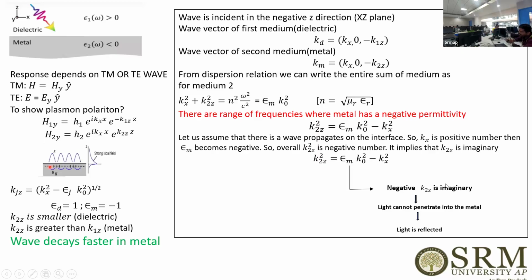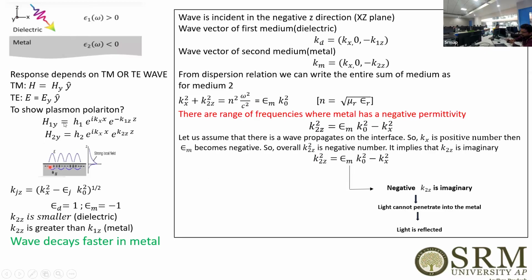Imaginary means there will be an attenuated or evanescent wave existing on this metallic surface. From this we can conclude that light cannot propagate in the second medium. Because of the presence of the evanescent wave in the second medium, most of the light gets reflected back into the same medium.